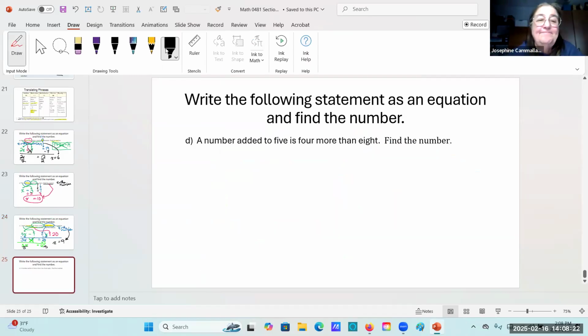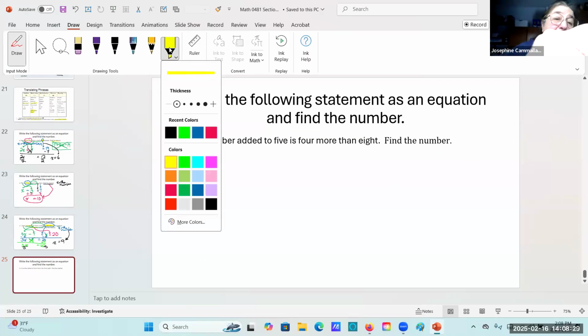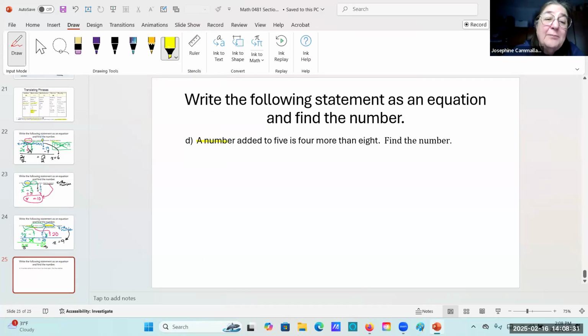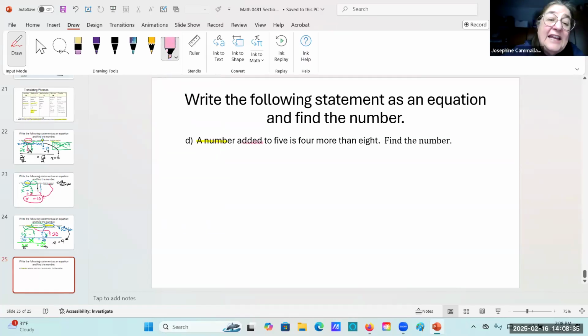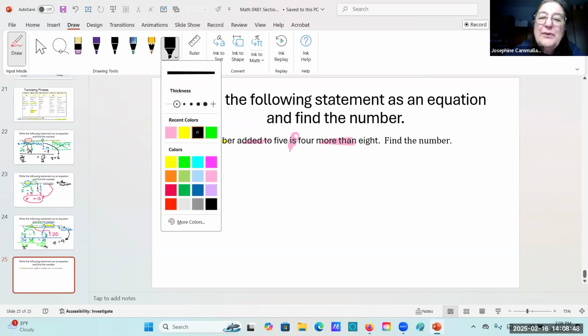Now, last slide for section 3.2. Okay. A number added to 5 is 4 more than 8. Find the number.